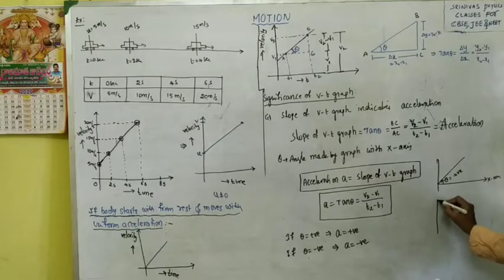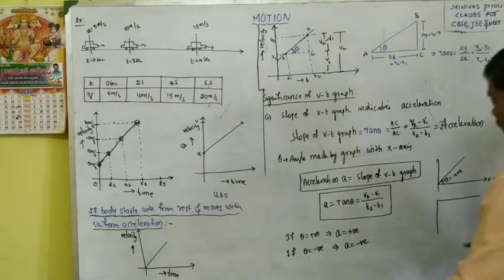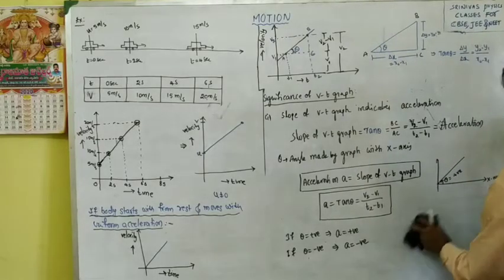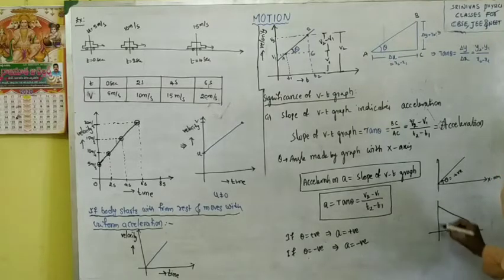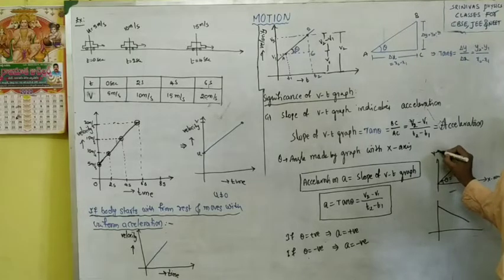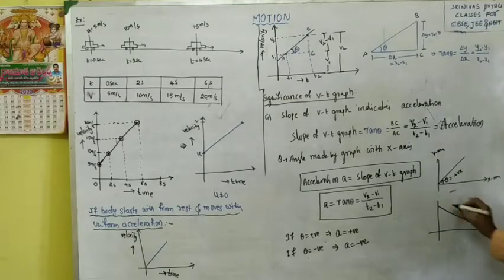Now if the graph is like this, with this as the x-axis and this as the y-axis, and you take the angle below the x-axis, this we will take as negative. Above the x-axis the angle is positive and below the x-axis the angle is negative.